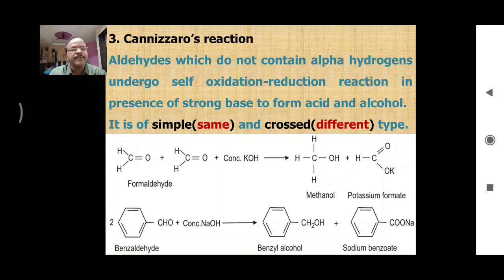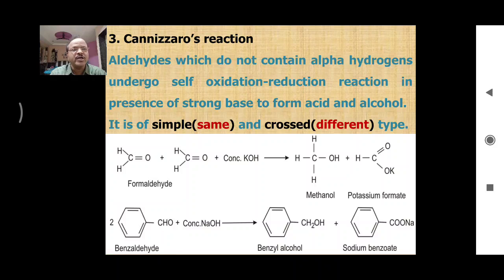Let me tell the Cannizzaro reaction in simple words again. Aldehydes which do not contain alpha hydrogens undergo self oxidation reduction reaction in presence of strong base to form acid and alcohol. So in this reaction, two aldehydes undergo reaction.